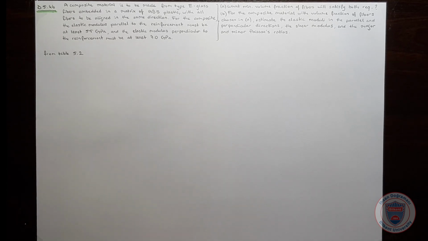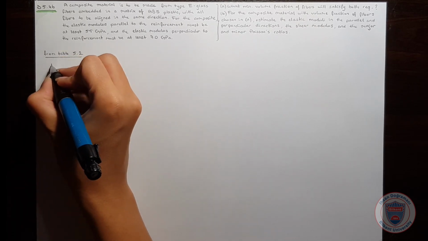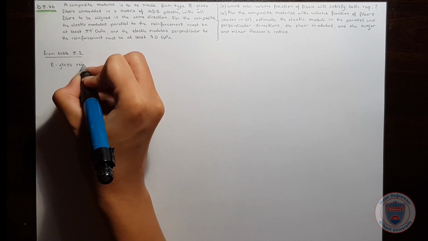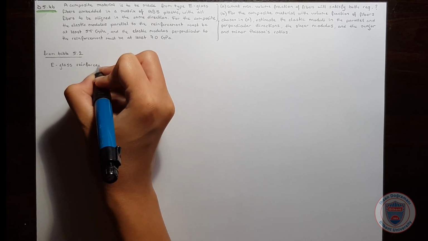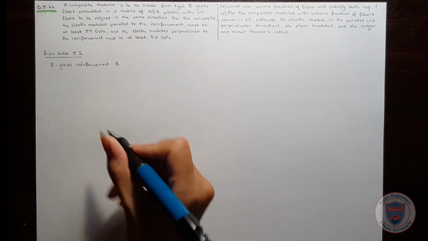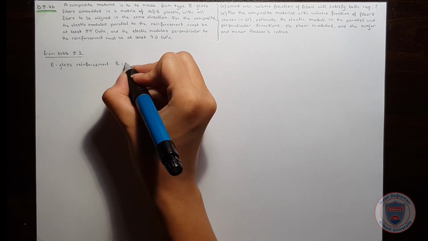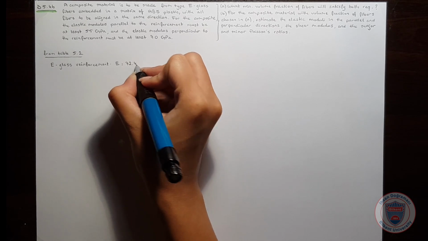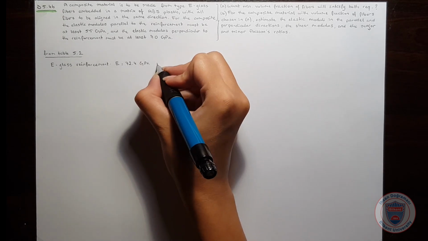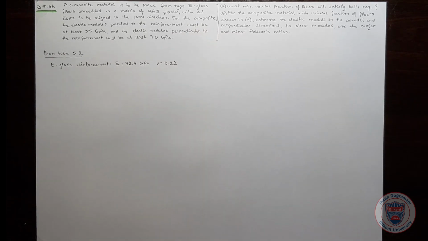From table 5.2, we have for E-glass reinforcement, Young's modulus is 72.4 GPa and Poisson's ratio is equal to 0.22.